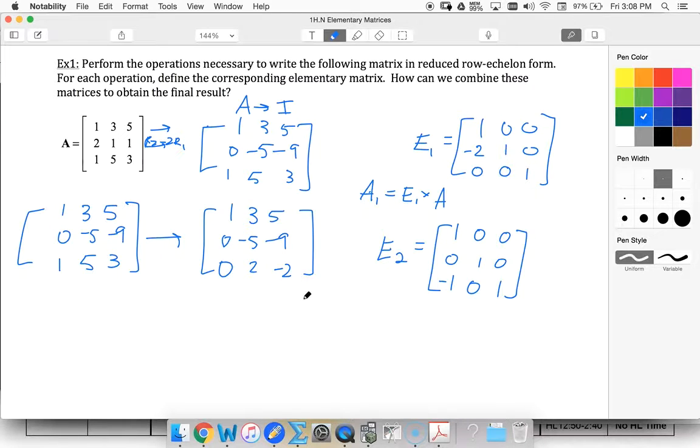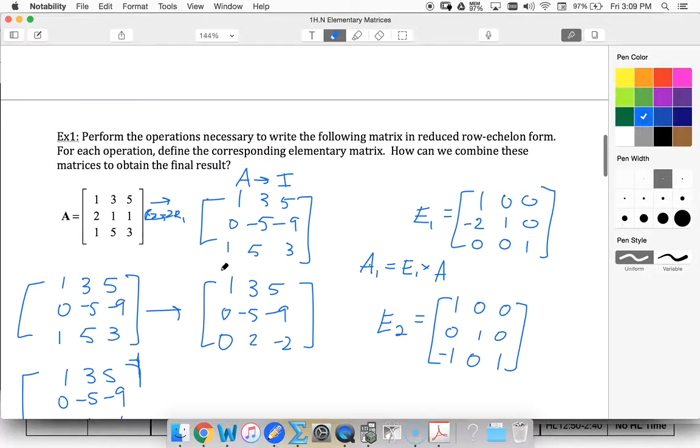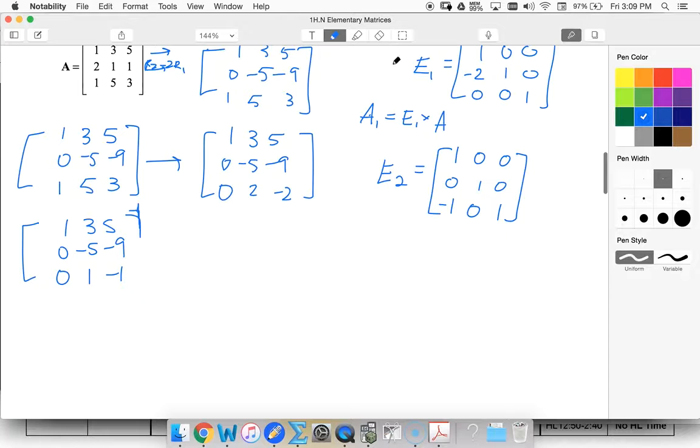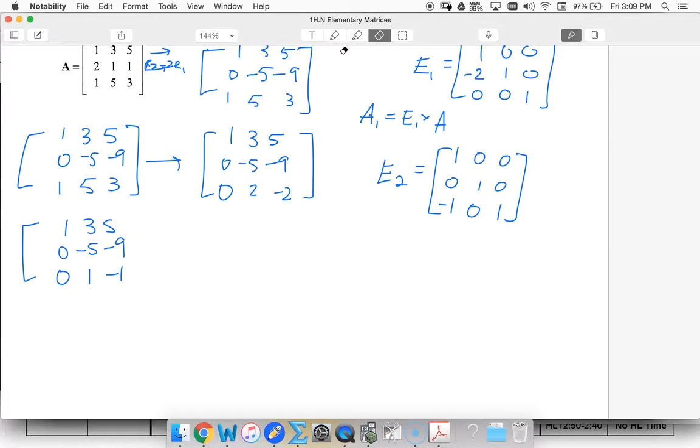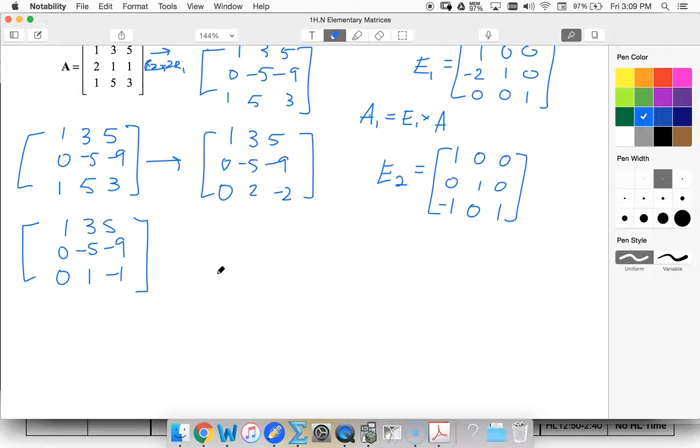Okay, so this is looking really nice. I'm going to halve this: 1, 3, 5, 0, negative 5, negative 9, 0, 1, negative 1. In doing that, the elementary matrix that would correspond to this would be 1, 0, 0, 0, 1, 0, and then I would have 0, 0, 1 half.